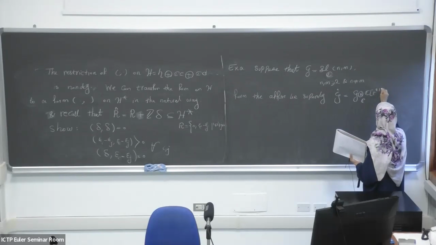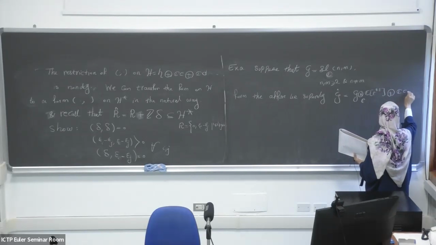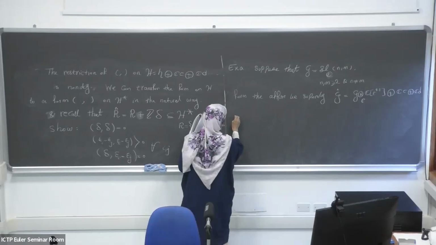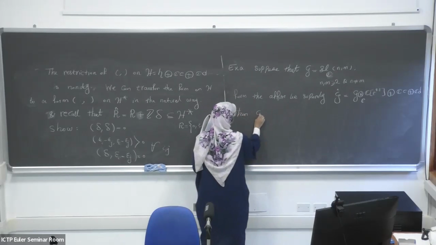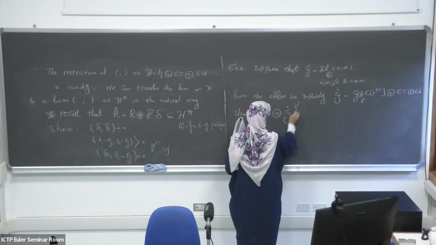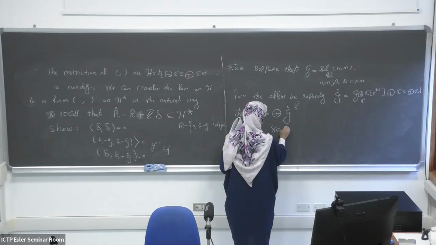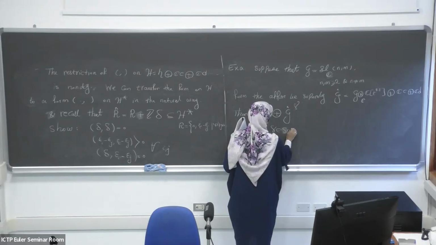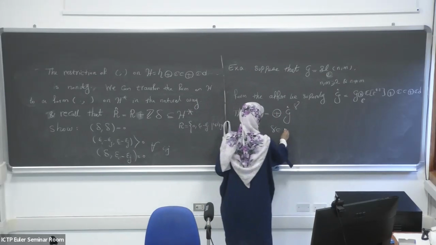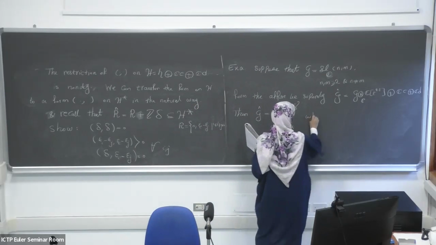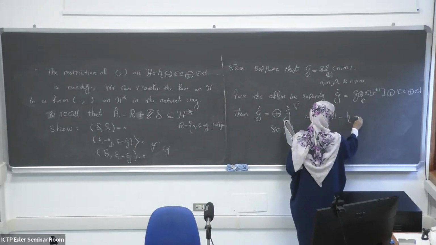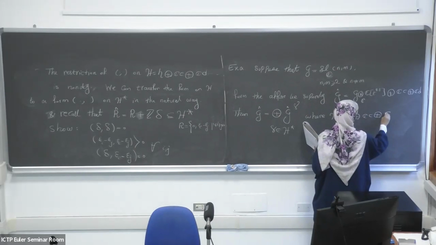C plus minus 1 direct sum C direct sum CD. Then G hat is the direct sum of G hat gamma, where gamma is an element of H star, where H is H direct sum CC direct sum CD.